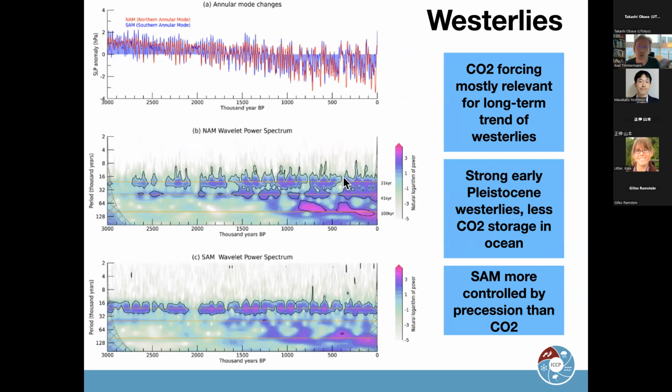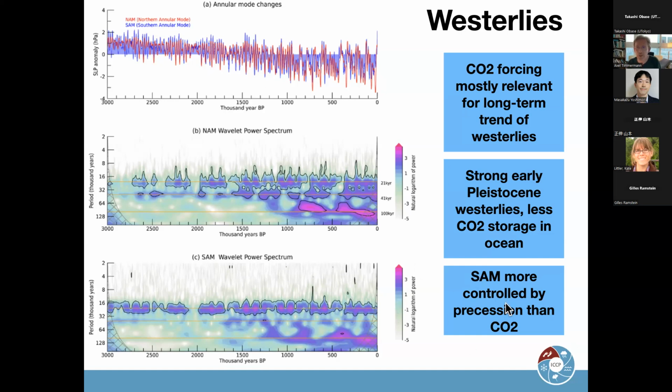Then if we compare, for instance, the northern annular mode and the southern annular mode, both of them show this nice gradual weakening over time. And that is CO2 driven very clearly, because that's the only part in the forcing that really matters. But if we look again at the variability, both of them seem to have a very strong precessional cycle, in particular also the SAM.